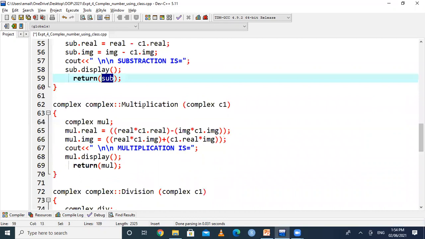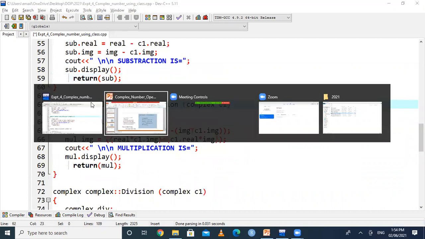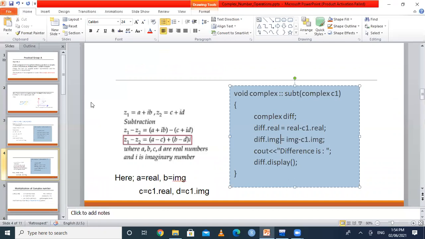Now we will go for multiplication. We know that in addition and subtraction, we do the real part addition separately and the imaginary part addition or subtraction separately.